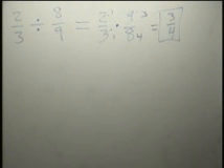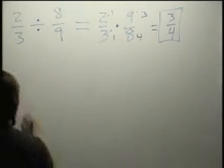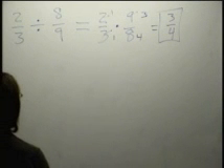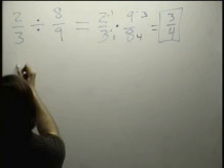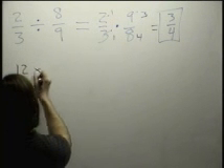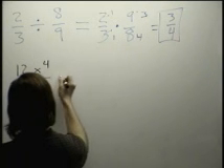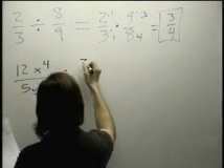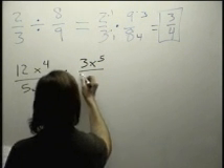Well, it's the same with dividing rational expressions. We already know how to multiply them. So to divide rational expressions, we can do the same thing. Let's say we have 12x to the 4th over 5y cubed divided by 3x to the 5th over 25y.